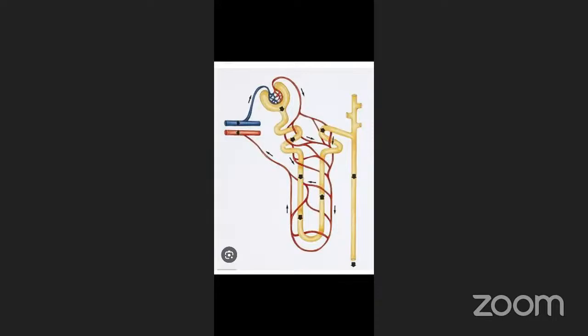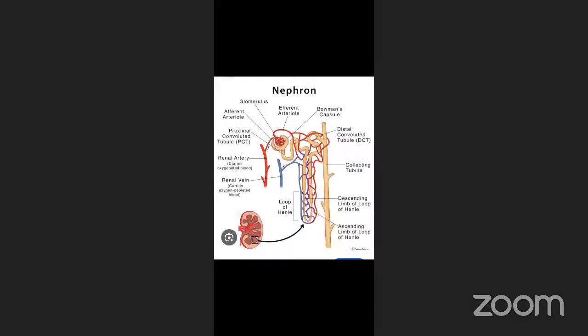Okay. Now from there, we now get to the distal convoluted tubule. In the distal convoluted tubule, you can see it is also highly coiled, just like the proximal convoluted tubule.